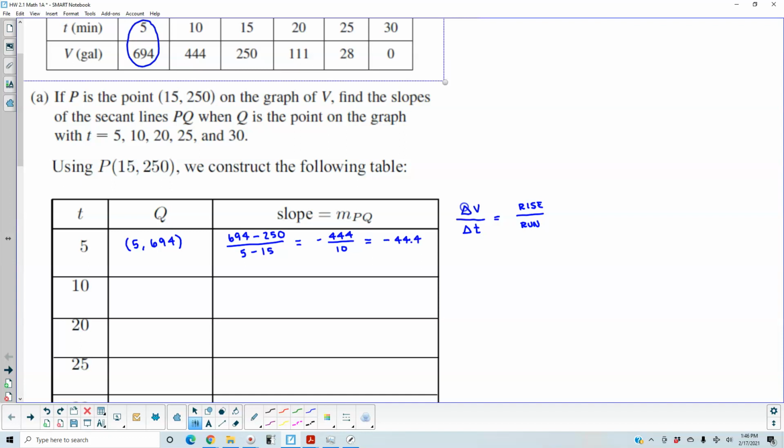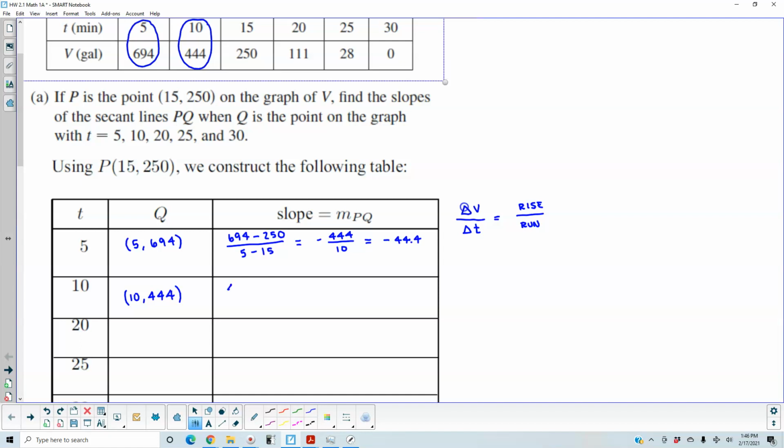Okay, the next point is when we have the time T equal to 10 and the volume is 444. So we have (10, 444). So we're going to find the slope using that point according to point P, which is (15, 250).